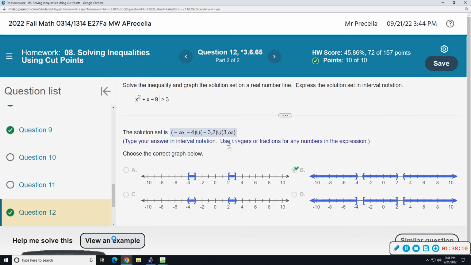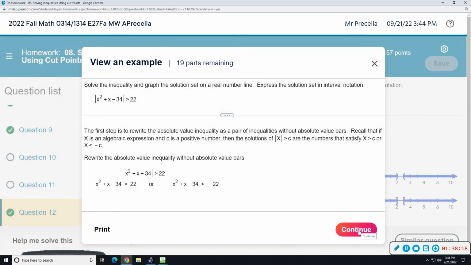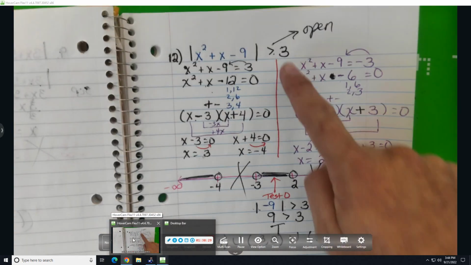A word of warning. Here's the View an Example. There's 20 parts remaining. And what they're doing here, notice, with the cut point method, how many less thans and greater thans do I write? Just, right, it's there.